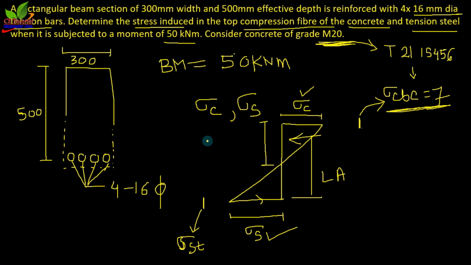Okay, sir, about the effective depth and cover. Cover is here, this is the cover. There are two types of cover: one is clear cover, and another is effective cover. Effective cover means, suppose this is the reinforcement, this is the concrete, and this is the reinforcement.